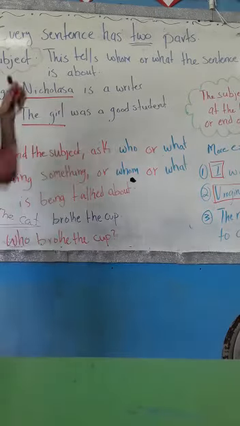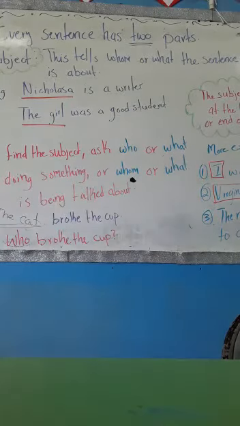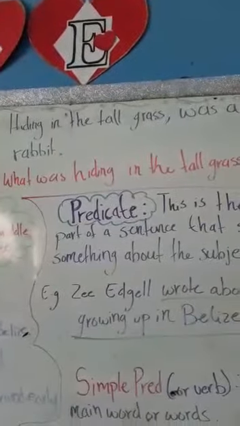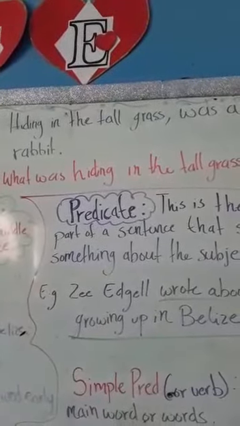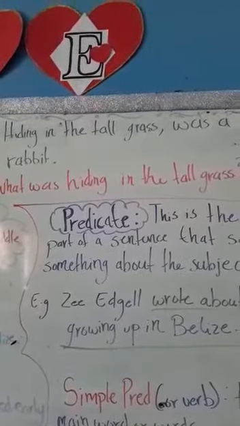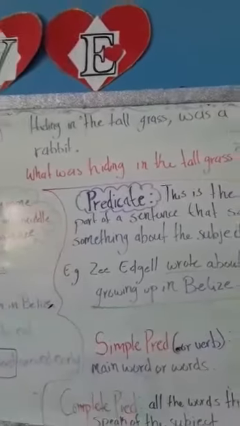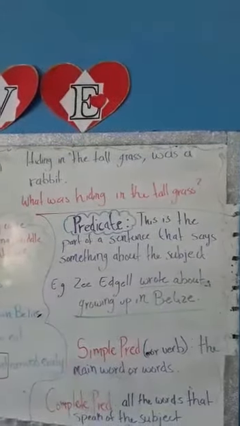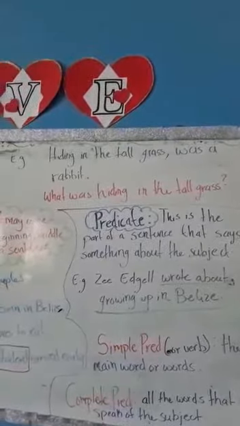Now let's move on to the other example. Hiding in the tall grass was a rabbit. Now you will ask whom or what was hiding in the tall grass.